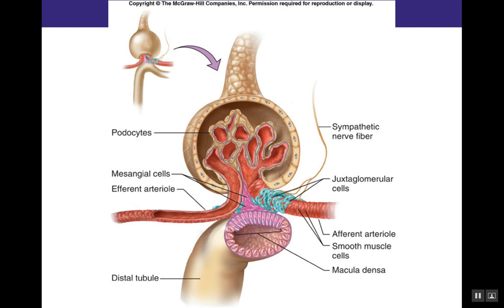Blood enters into the glomerular capillaries by these afferent arterioles, and you can see there's a lot of smooth muscle that surrounds these arterioles. The blood enters into the glomerulus via these afferent arterioles, and all of this red area are the glomerular capillaries. They are under very high pressure.